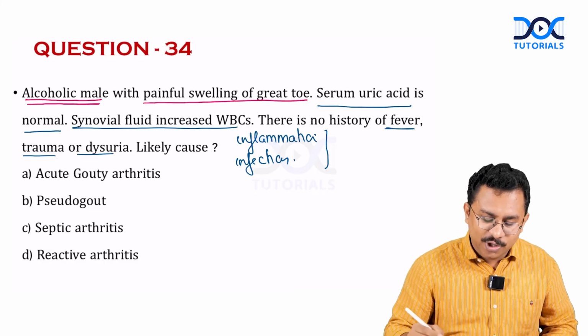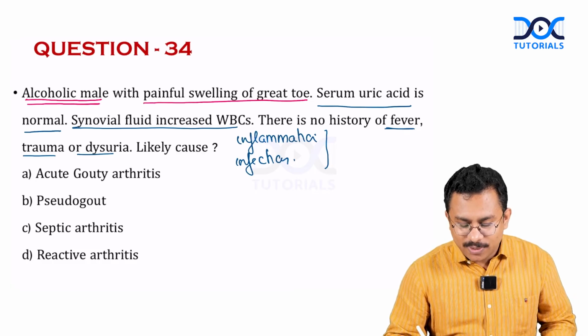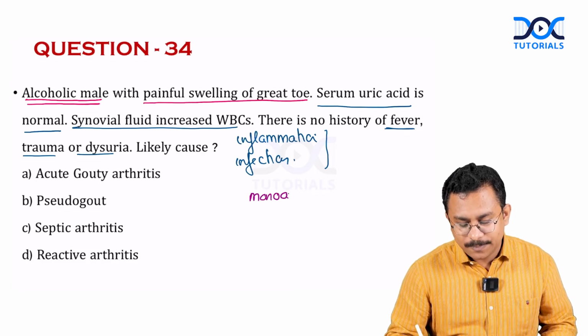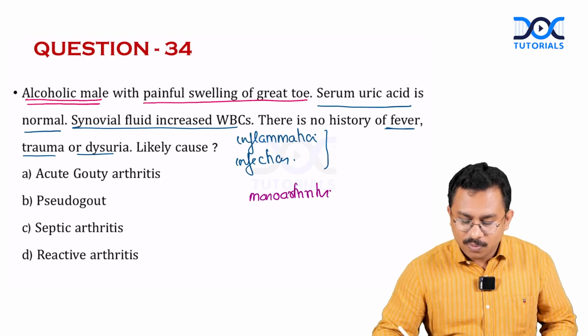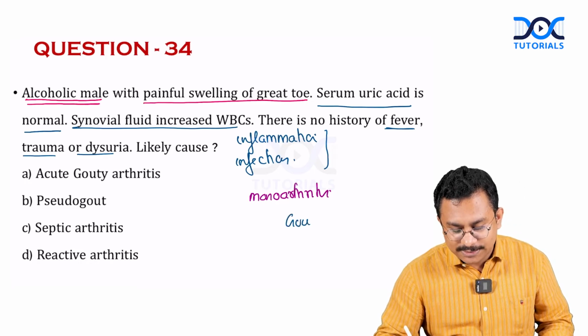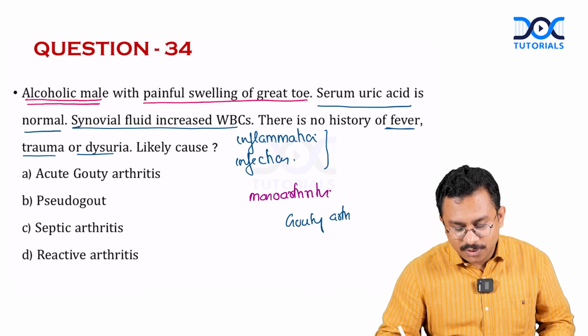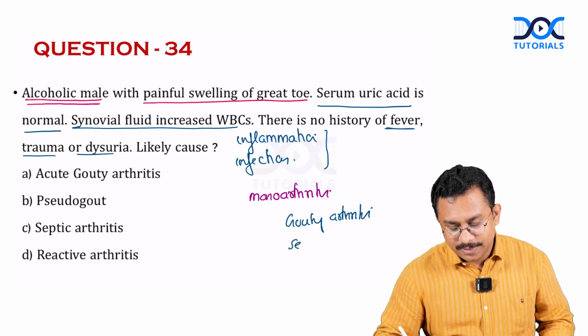So the clinical scenario is that of a monoarthritis. And what are the two important differentials of a monoarthritis? One is gouty arthritis, and the other is septic arthritis.